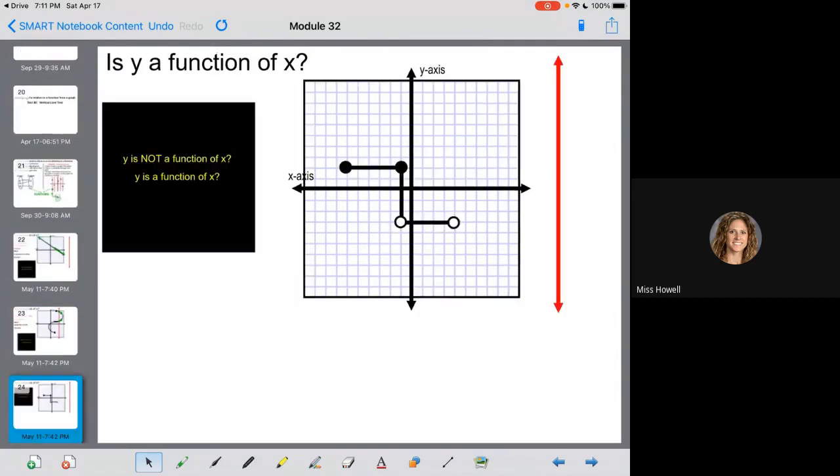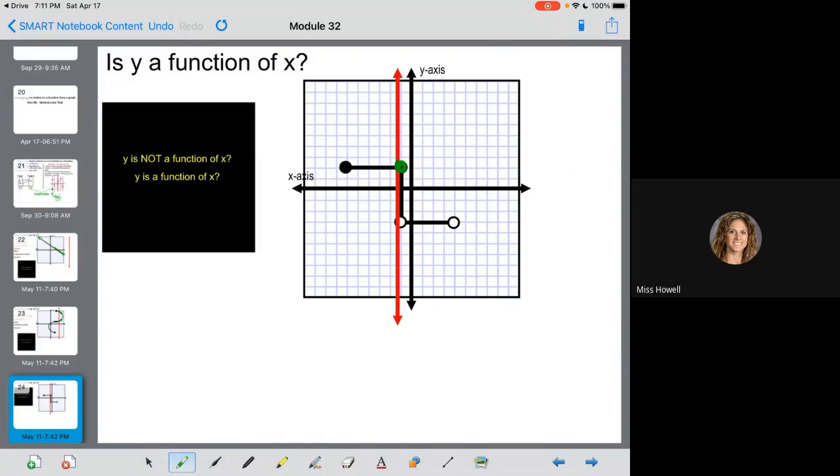All right, so let's look at another one here. We want to see if this would pass or fail. Now, I'm going to go over here, and right now we're good, we're good, we're good. And it's right here where it seems like it's not good, right? And then we're good again over here. So a couple things to keep in mind here. This is actually a fail. And the reason this is a fail is because you have multiple places where the graph and that vertical line meet.